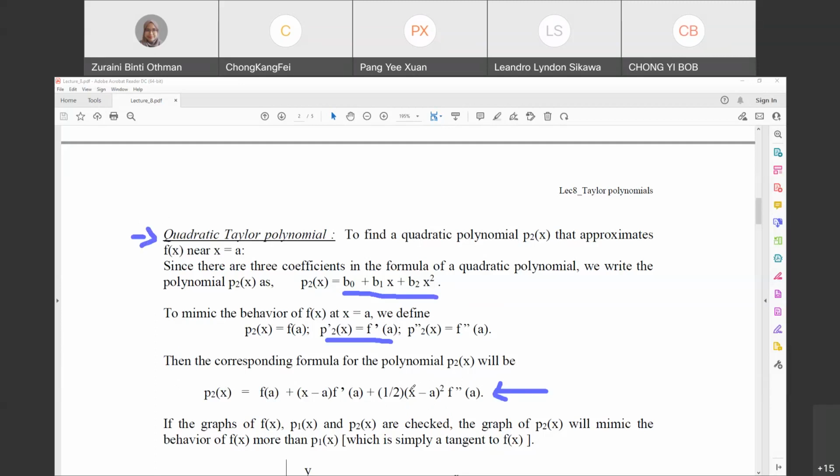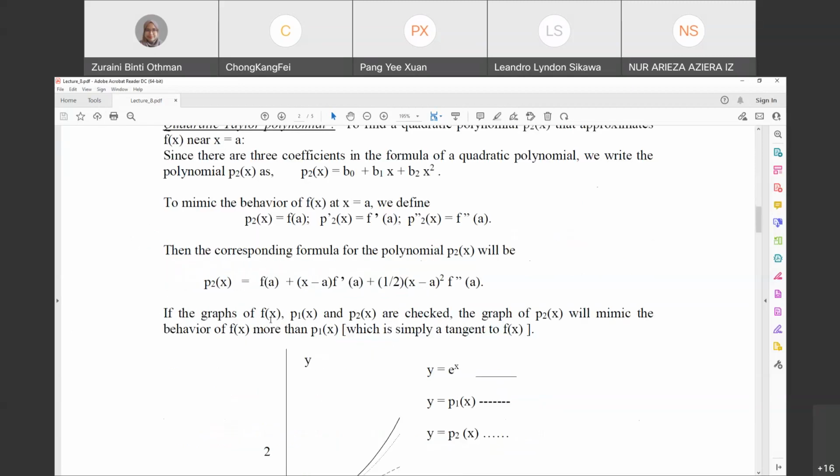Nampak tak, dia sampai x ni kuasa 2 and it involves until second derivative. Okay, don't worry. If you answer this kind of question, we give you the formula, because our final exam is online, so you can refer to the formula inside the notes.